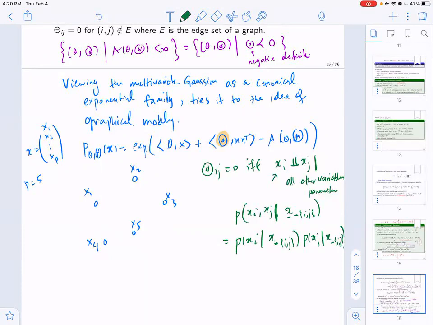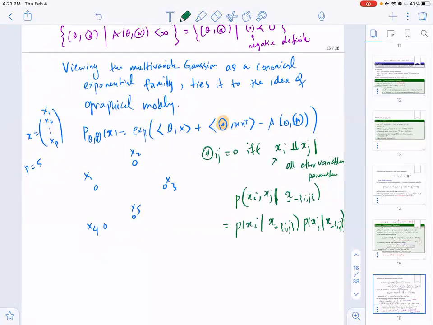So this means that they're conditionally independent given the rest, and you can use this formula to show this. It's set as a homework problem. So what you end up doing is whenever you have theta_ij equal to 0, you would skip putting an edge. Whenever you have theta_ij, let's say theta 2, non-zero, you put an edge. So this is theta_12 is 0, and so on.